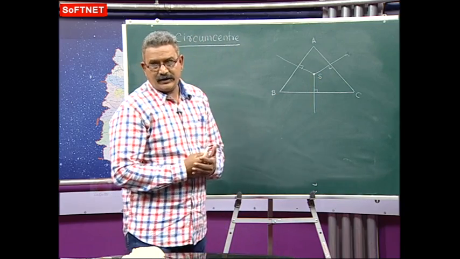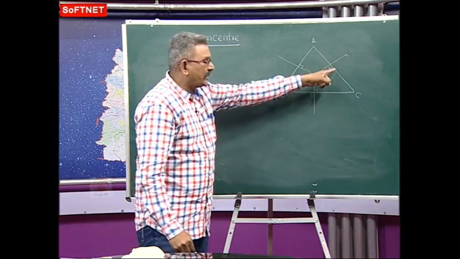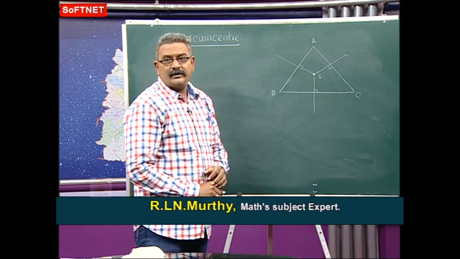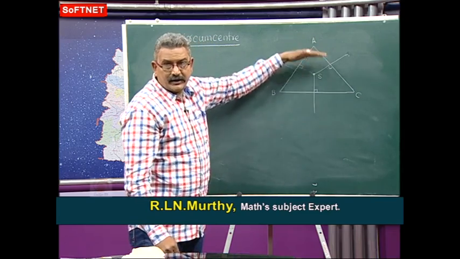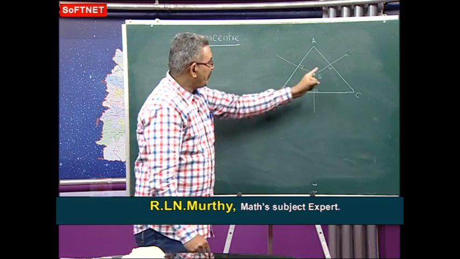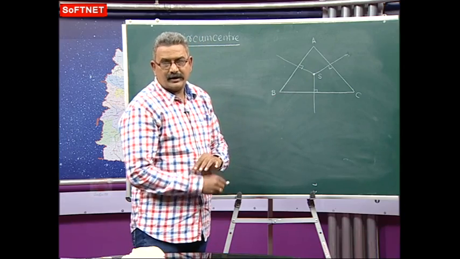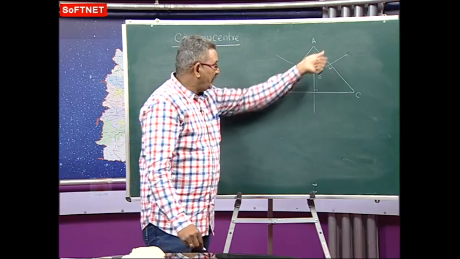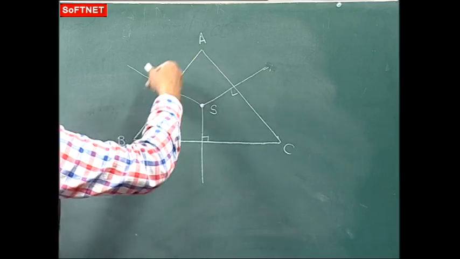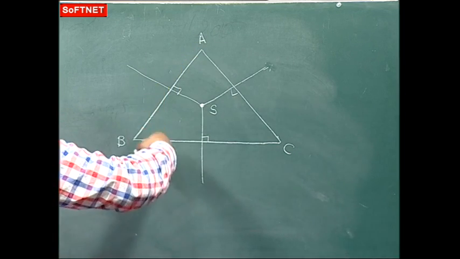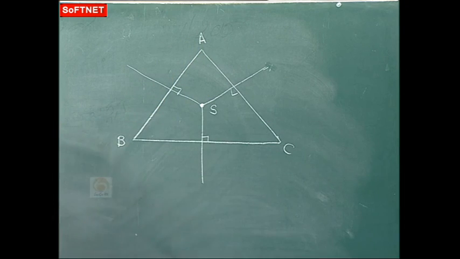What do you observe here? The perpendicular bisectors of the sides of the triangle meet at one point. So the point of concurrence of the perpendicular bisectors of the sides of a triangle is called the circumcenter. Otherwise, it may be defined like this: the center of the circle passing through the three vertices of the triangle is also known as the circumcenter.